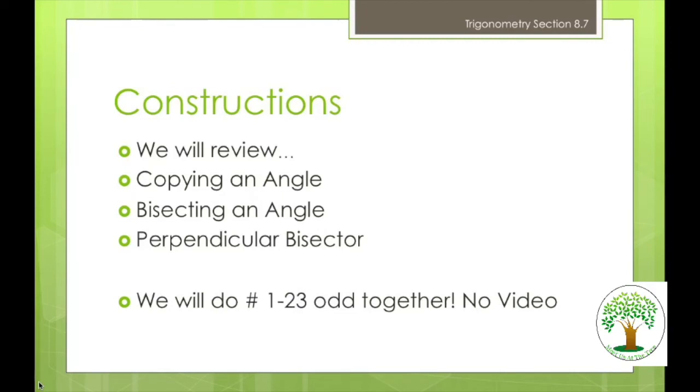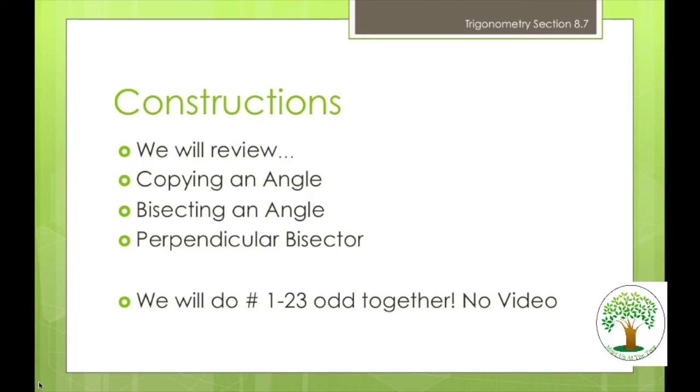But we're going to be adding things also: 30, 60, 90 triangles, because we've been studying those, and 45, 45, 90 triangles. To do that, you have to know how to make a 60-degree angle and a 45-degree angle. By the time we are finished with this assignment, you will have numbers 1 through 23 odd done together. If we have more time, we can continue to work on some more.